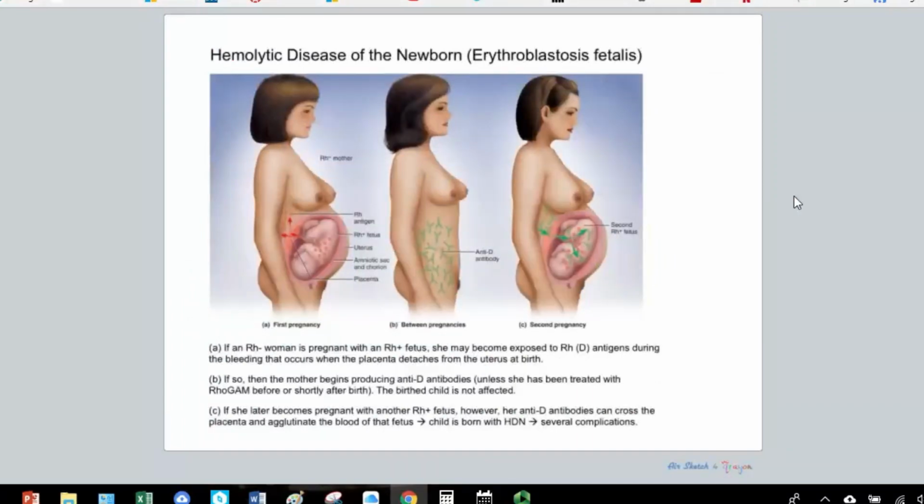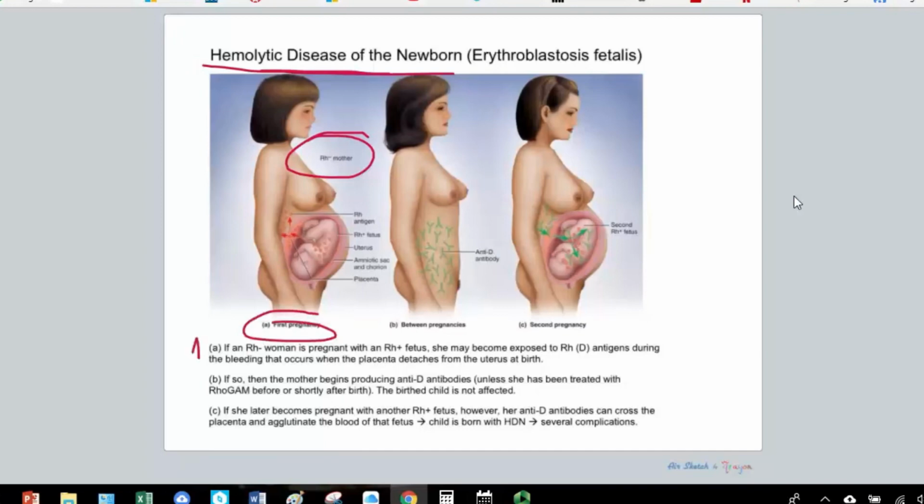So this same principle is related to something called hemolytic disease of the newborn. And I'm sure there's a few mothers out there who are probably familiar with this scenario. So in this scenario, we have an Rh negative mother, and this is the first pregnancy.